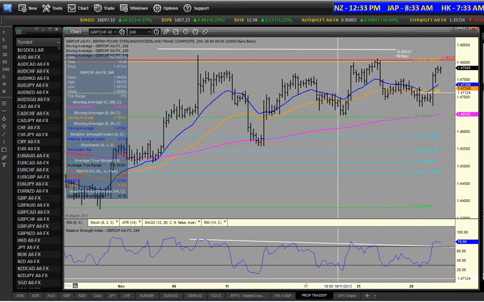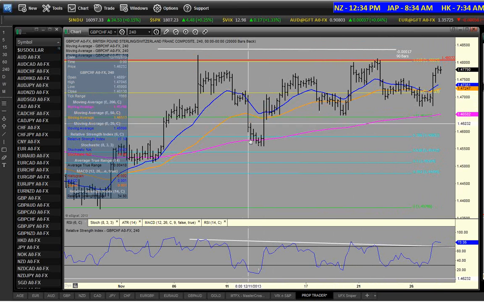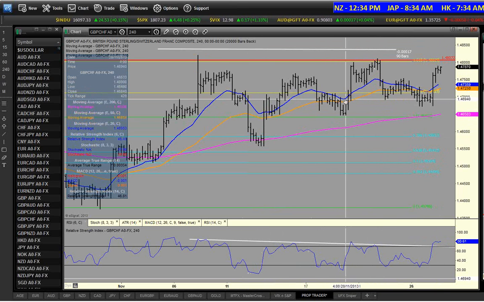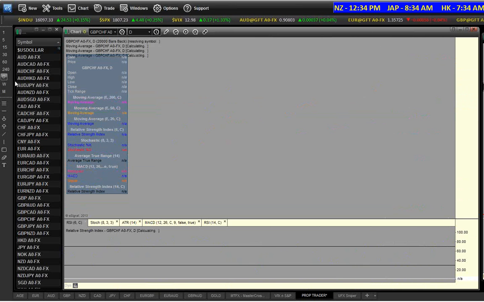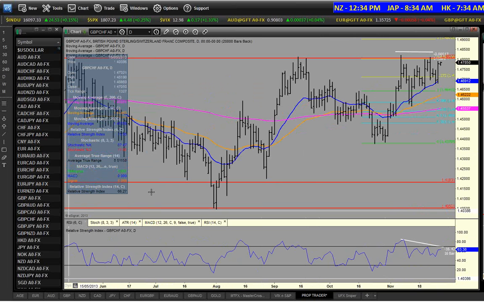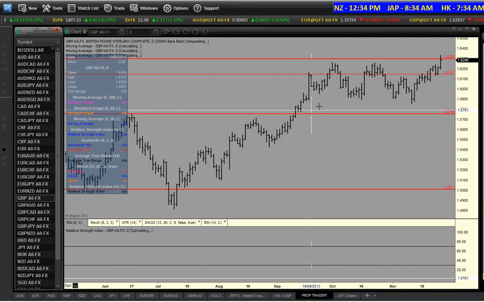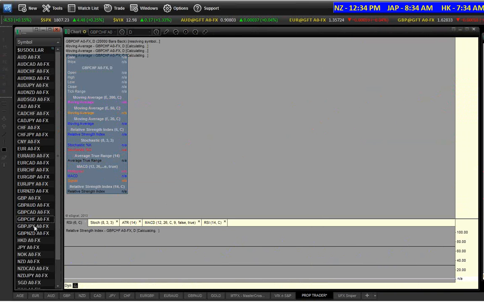Aggressive moves it's got, it's just sideways, and it's like the CAD Swiss earlier in the year. Stay away from it. If you're in it like me, it's about seeing it come back down, seeing the pound reverse its trend and pushing this one back down.